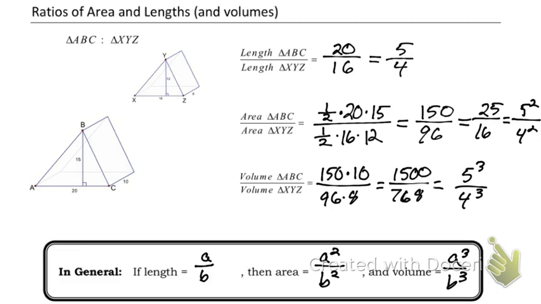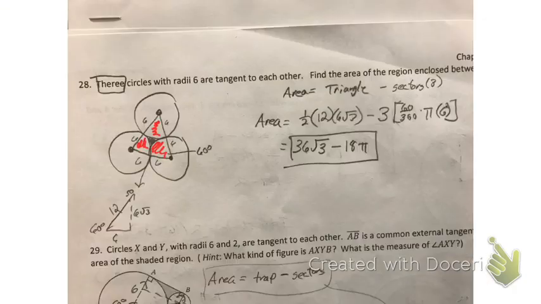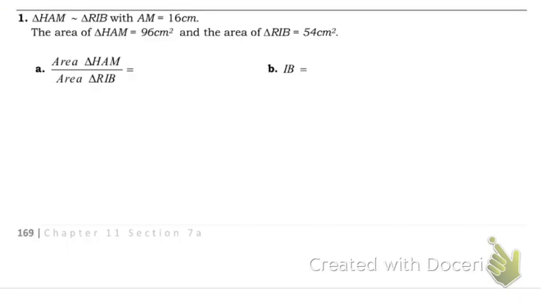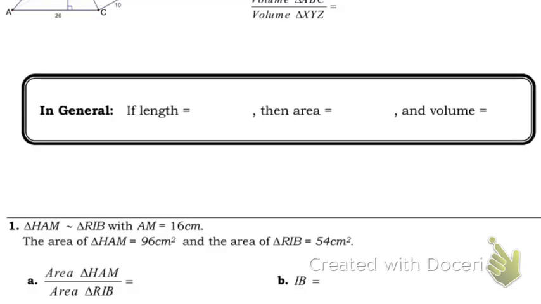We're more worried about the area and the length one. So if you're a little confused on the volume one, that's okay. We're not in that section. But just in case you missed it, it's A over B. Area is A squared over B squared. Volume is A cubed over B cubed.